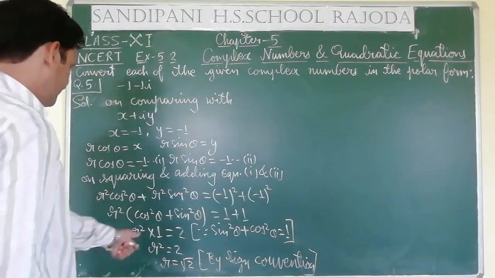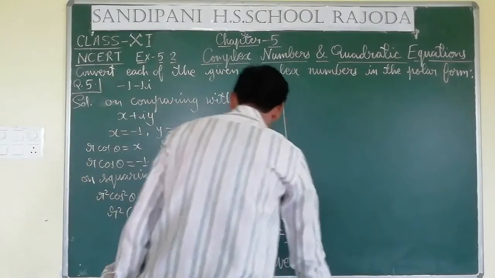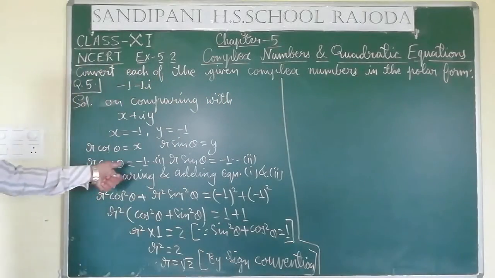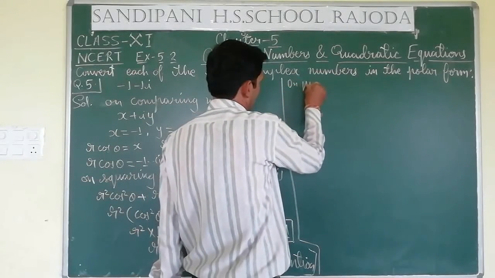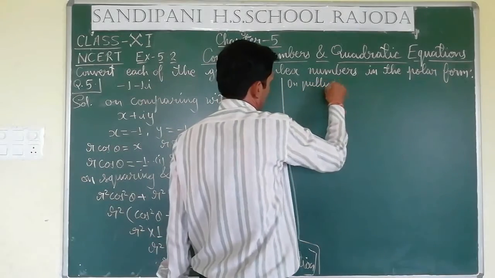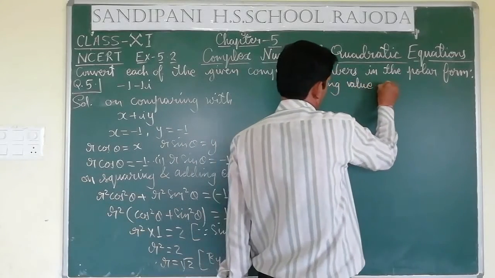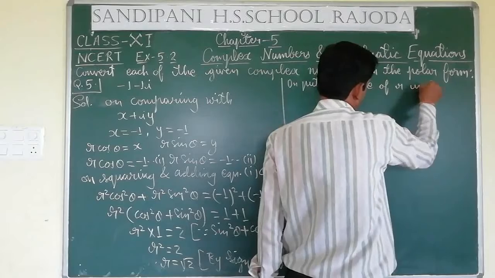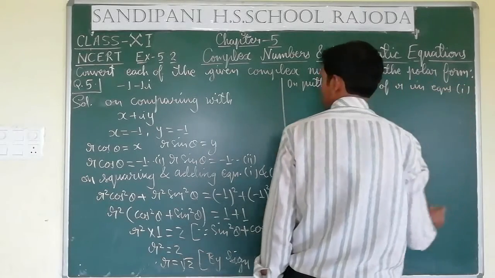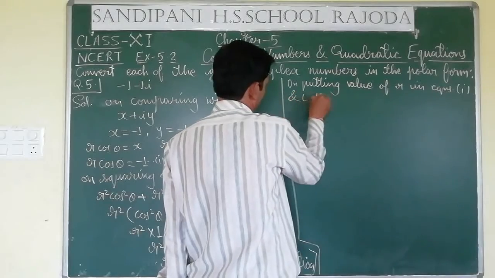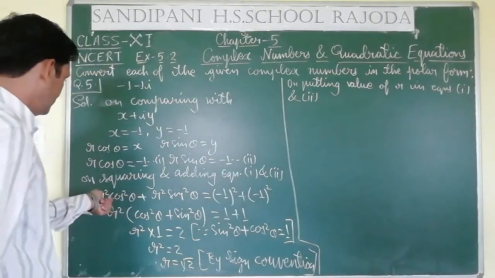Now r is equal to √2, means what we have to do? On putting value of r in equations 1 and 2, what we will get?